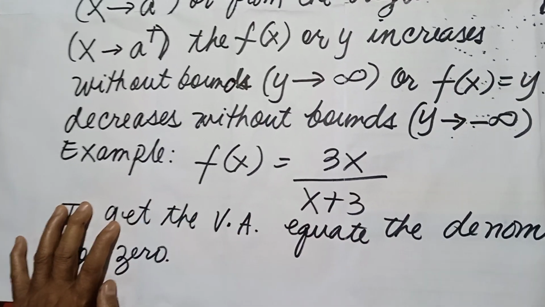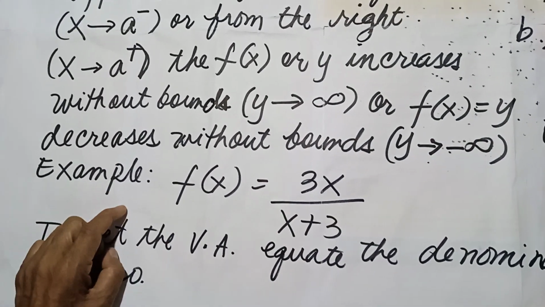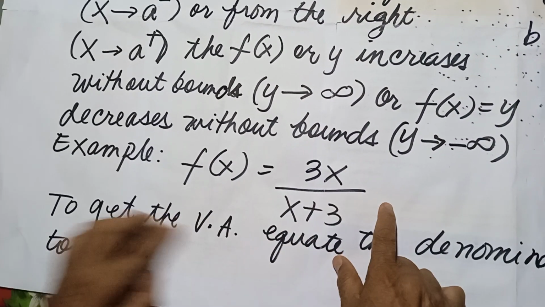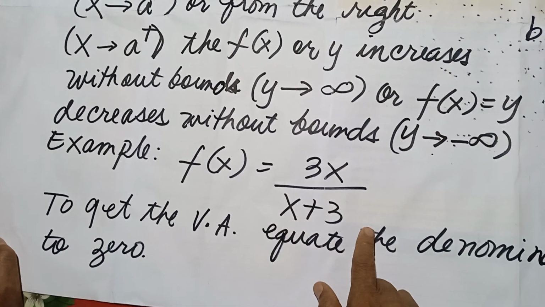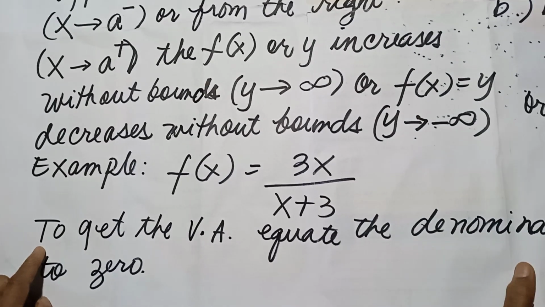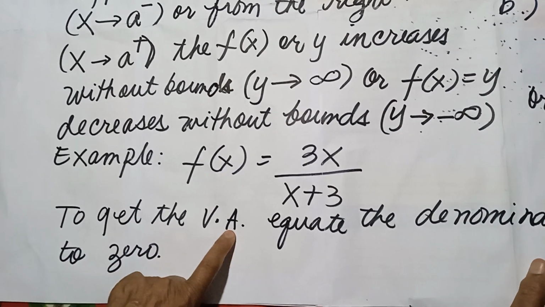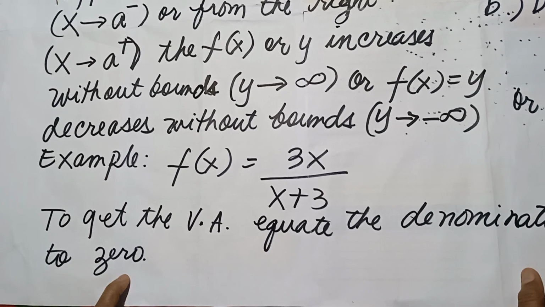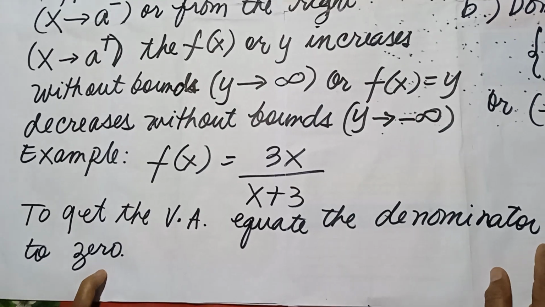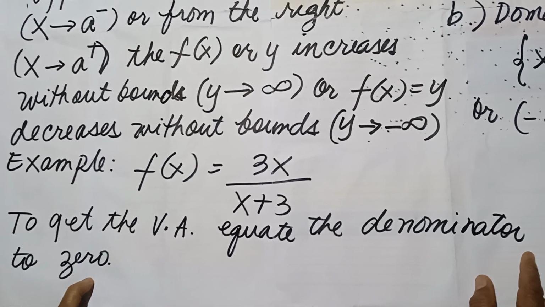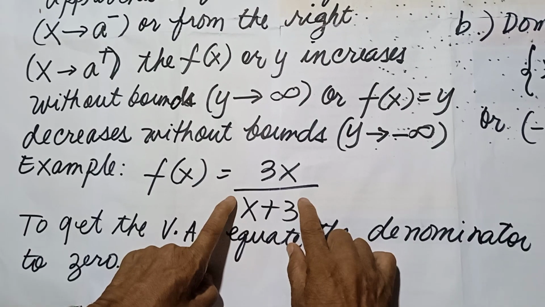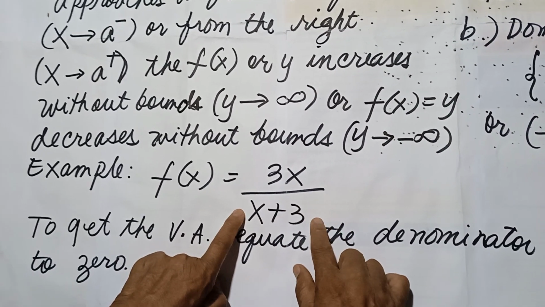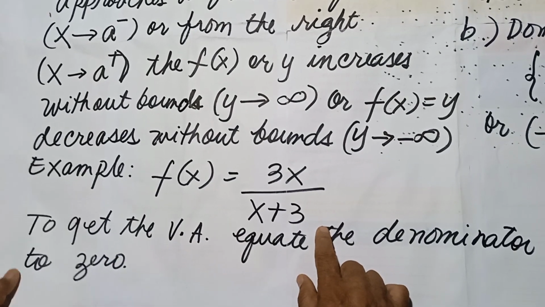Example. Our example is f of x equals 3x over x plus 3. To get the vertical asymptote, we equate the denominator to 0. Why? Because we are going to get the value of x that is not part of the domain.